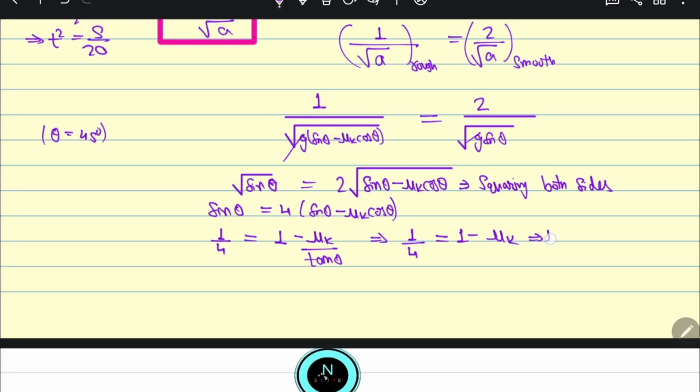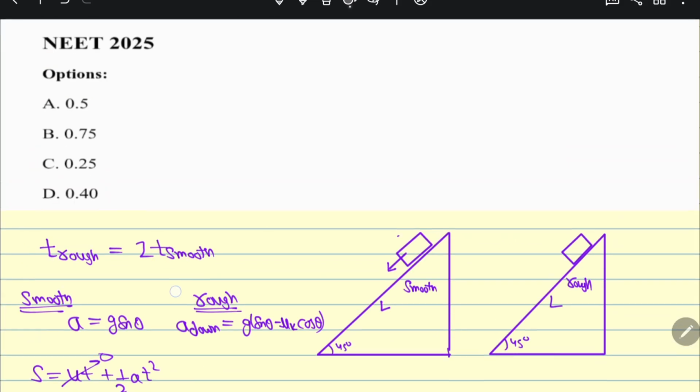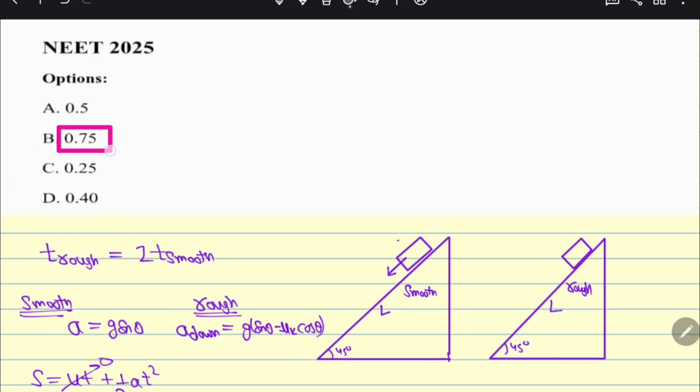So mu k comes out to be 1 minus 1 by 4, that is 3 by 4, or mu k is 0.75. So 0.75 is there, yes, so B is correct.